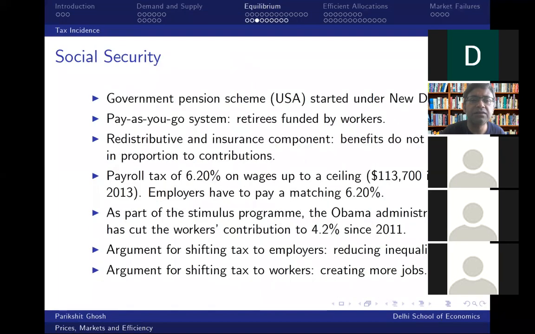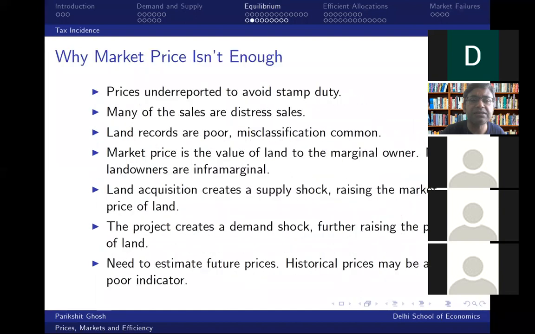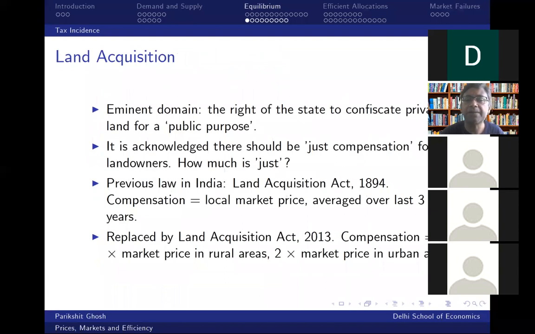So this is a problem which has plagued us in India for a while, right? And this is the problem of land acquisition. So all countries have some sort of law of eminent domain, right?